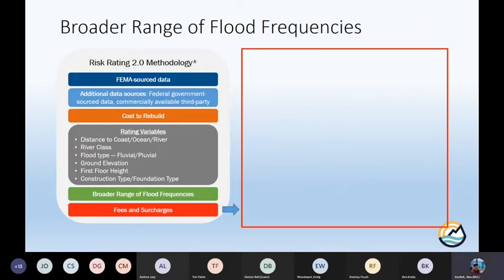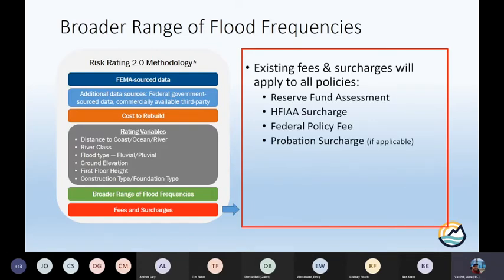The last one we're going to talk about is the fees and surcharges. And again, these really aren't changing from the legacy method to Risk Rating 2.0. So there's not going to be a huge change with these. All the existing fees, all the existing surcharges are going to stay in place under this new method. So the reserve fund, HFIA surcharge, severe repetitive loss fee, federal policy fee, probation surcharge.